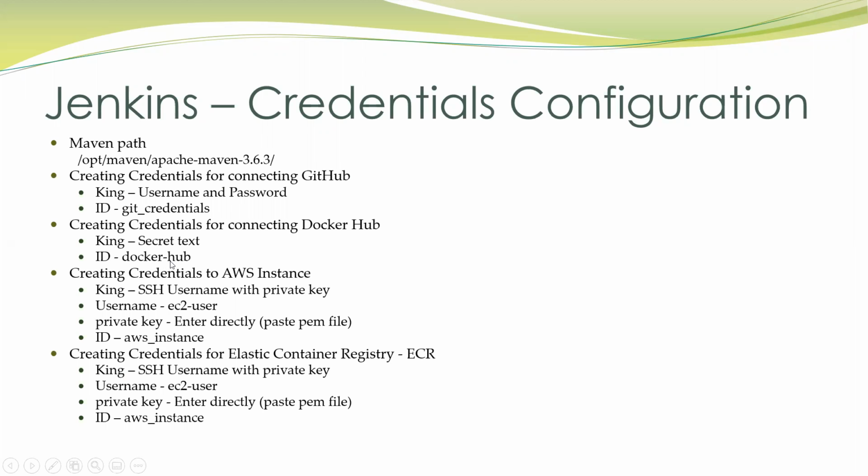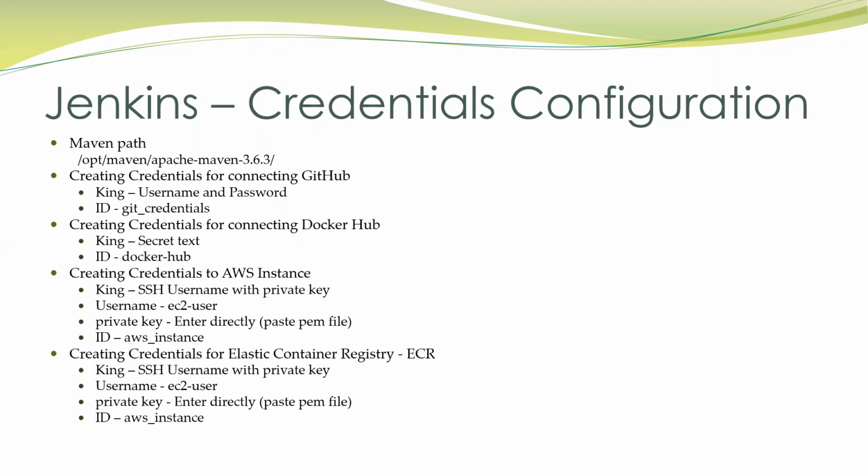All those IDs we will use in the pipeline for connection purposes. After that, we will create a connection with the ECR, Elastic Container Registry. For that, we will use SSH username with private key, again with the user, and we will connect using the PEM file, right? And we will use this instance to connect with ECR.